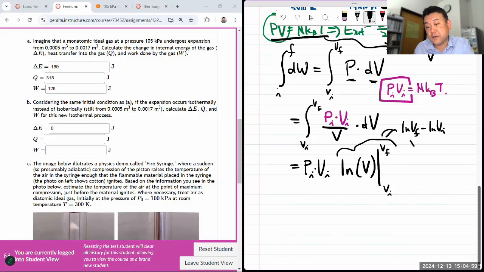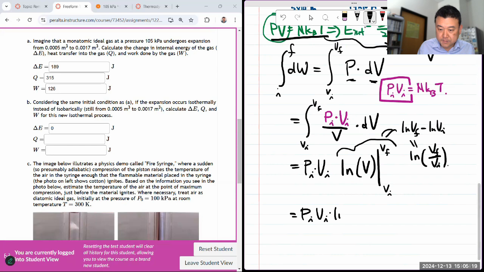With the help of the logarithm algebra, I can rewrite this as the natural log of V final divided by V initial. That makes things nicer, because then I don't have to figure out what is the natural log of meter cubed. Meter cubed cancels out. So the answer here should be Pi times Vi times the natural log of V final divided by V initial. This should be the work done by the gas.